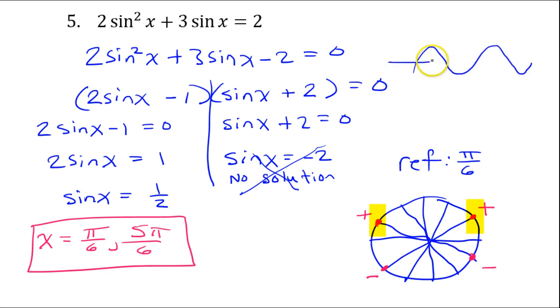But remember when we used to graph these in the previous unit? The sine function has a high of positive 1 and a low of negative 1. It never goes higher than 1 and it never goes lower than negative 1. So there's no angle where the sine is going to be negative 2, which is way down here somewhere. It just doesn't get down there. So that's why these two solutions that we got from the left-hand side will be our only solutions.